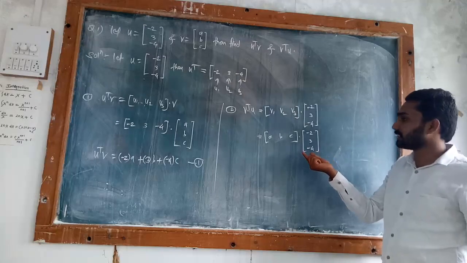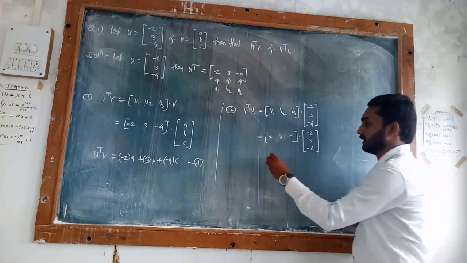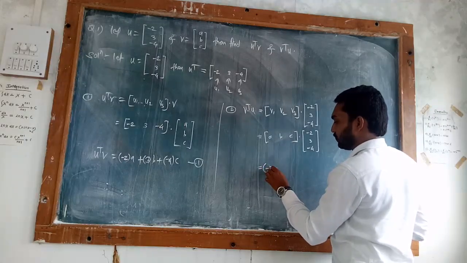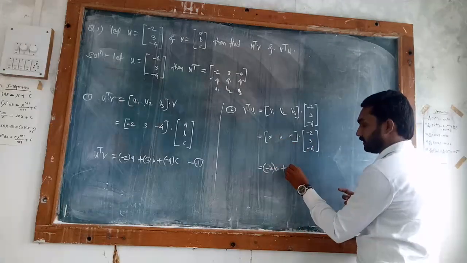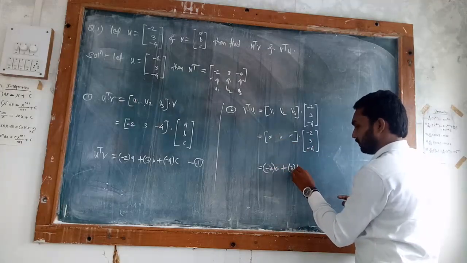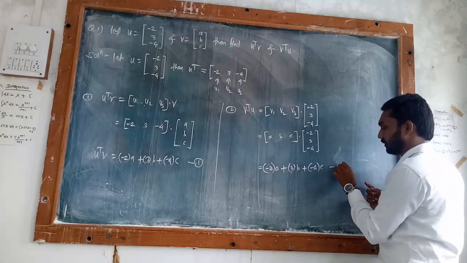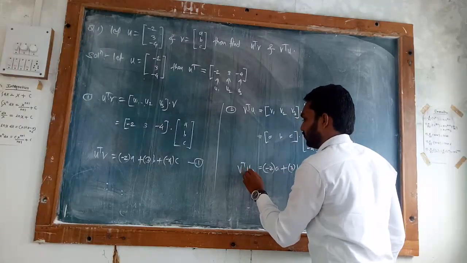So how to take this multiplication? First element with first element, that is -2 into A, plus 3 into B, plus -4 into C. This is equation number 2, that is v transpose u.